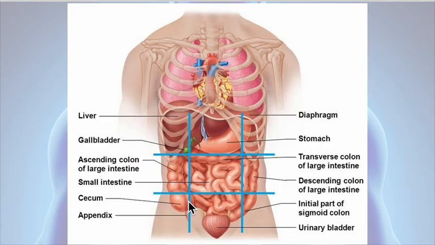Or if pain is in the right iliac region, that may suggest appendicitis, or inflammation of the appendix. So having an awareness of these abdominopelvic regions provides practitioners with a way to clearly communicate the location of pain and to infer where pain might be originating from.